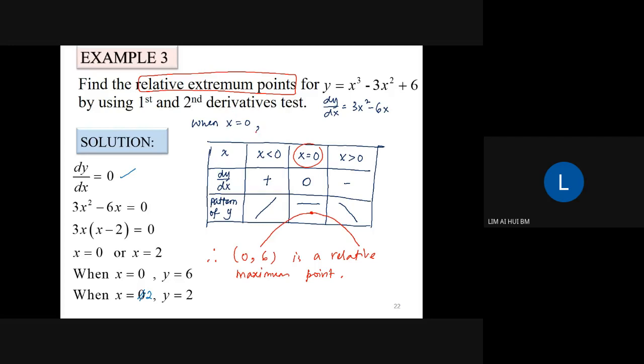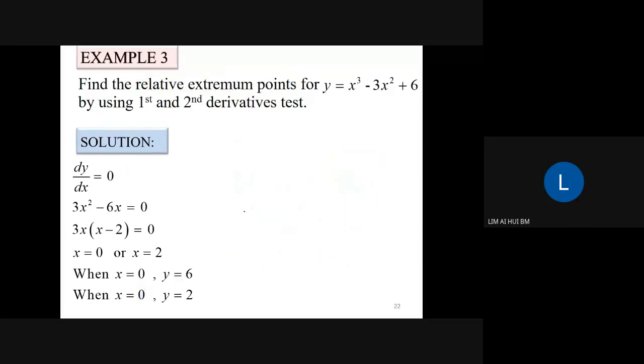Just now we checked x equals 0. Now we check x equals 2. I will erase this. Are you done copying? Okay, I will erase it. Then now we will check the second point, which is x equals 2. This is 2. For dy/dx, I will find it once again, since I already erased it.